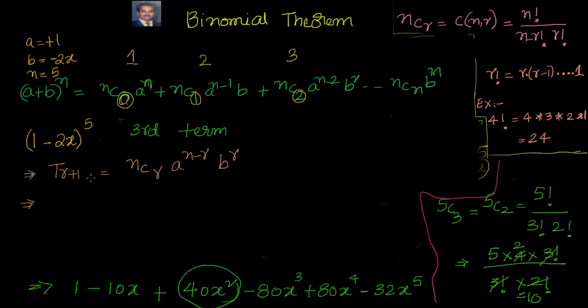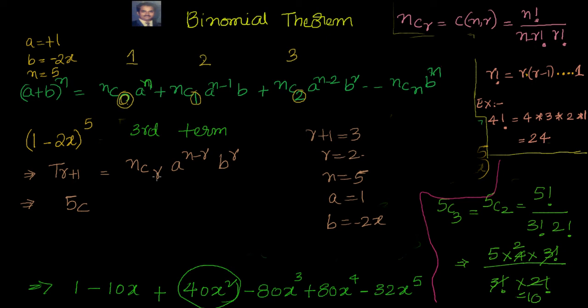Now third term is r plus 1 equal to 3, that means r equal to 2. So my n is equal to 5, a is equal to 1, b is equal to minus 2x.